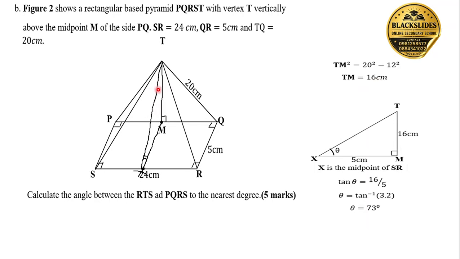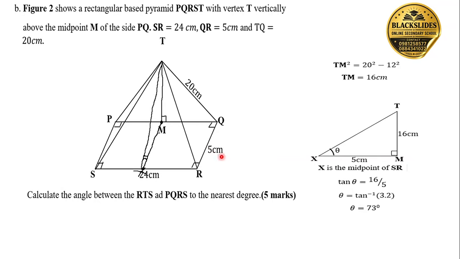So now we know TM is this one, and we also know XM. If we take triangle TMX, TM is 16 and XM is 5. TM is opposite this angle and XM is adjacent.